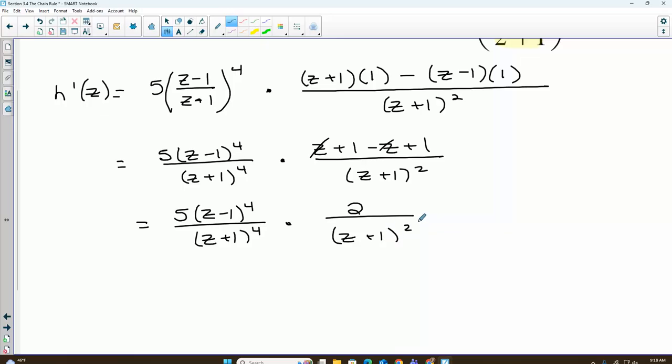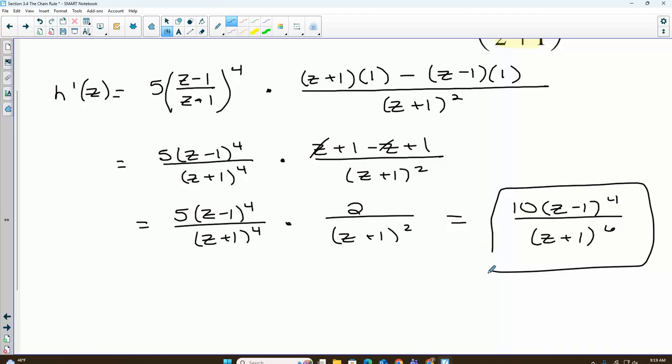So then I could go ahead and multiply this together. So if I multiply the tops, I get 10 times z minus 1 to the 4th. If I multiply the bottoms, I get z plus 1 to the 6th. So you might have to do a combination of quotient rule and chain rule, or we could do product rule and chain rule.